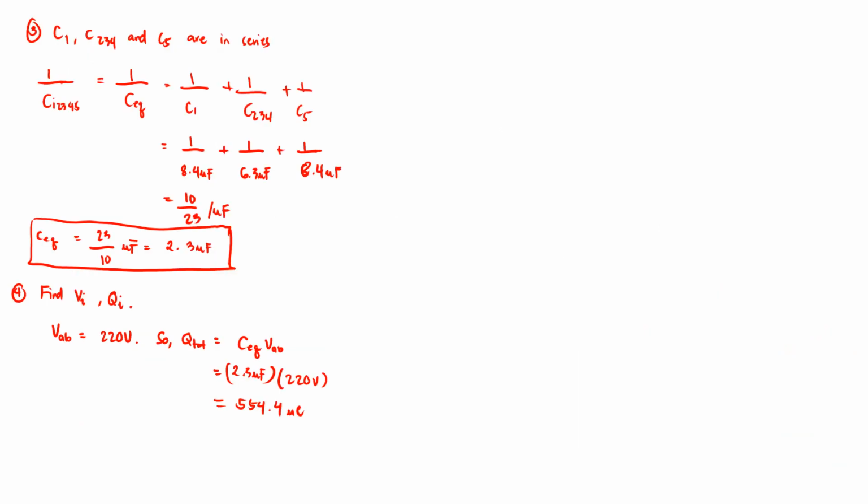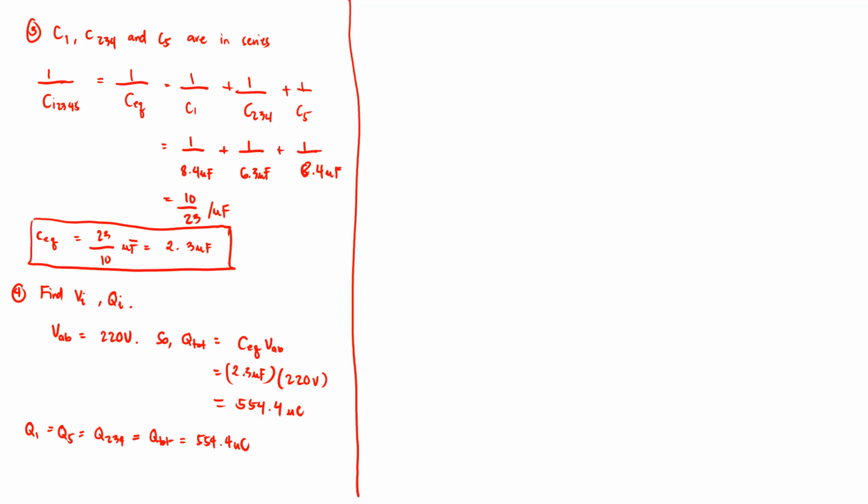So from here we can say that Q1 is equal to Q5, which is equal to Q234, which is equal to the Q total, 554.4 microcoulomb. Okay? Since these three capacitances are in series with each other, their charges are the same.